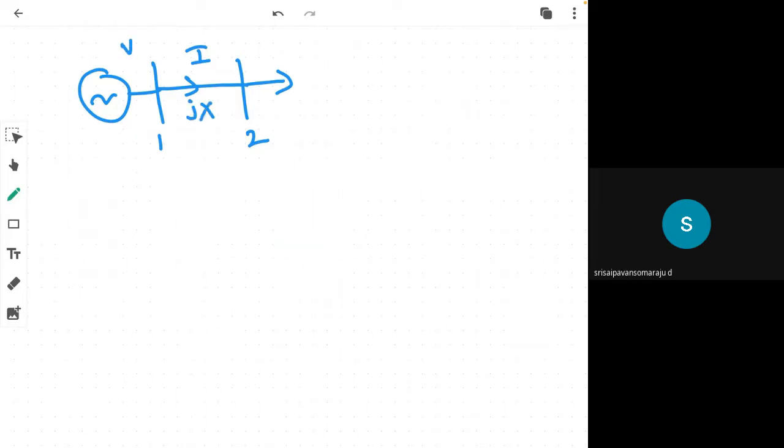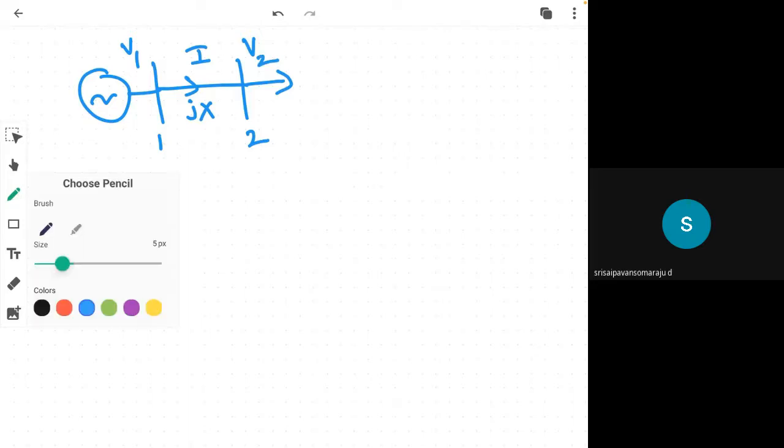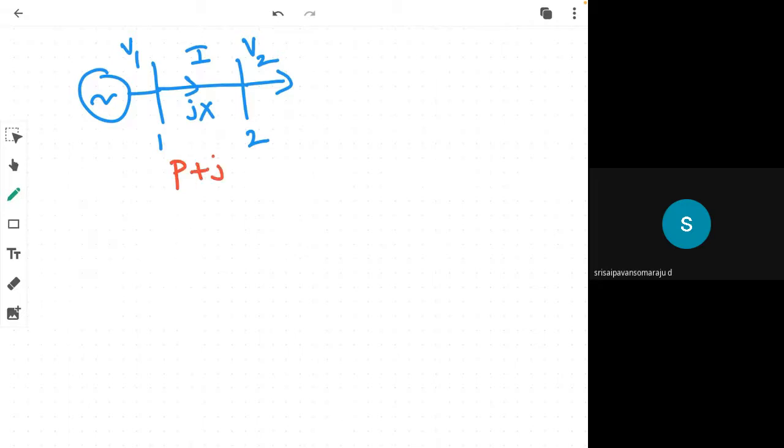V1 is the first bus voltage. V2 is the second bus voltage. The power flow through the line is P plus JQ.